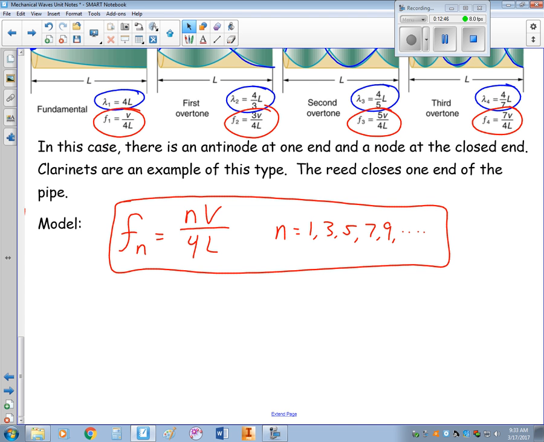So in this case, here we have an antinode at the opened end, a node at the closed end. Clarinets are a good example of this also, and that's because the reed is closed about 50% of the time. That kind of gives a clarinet its buzzy kind of sound.